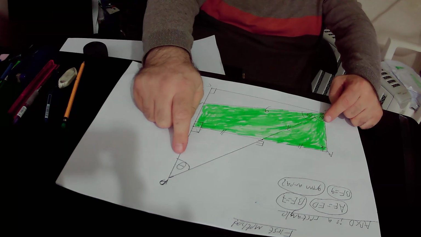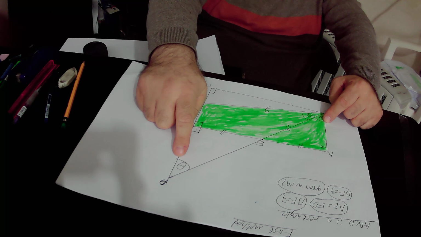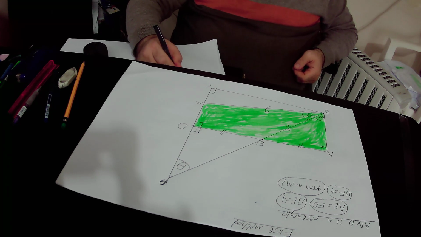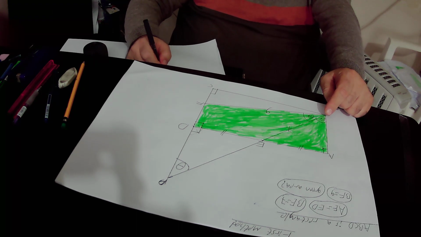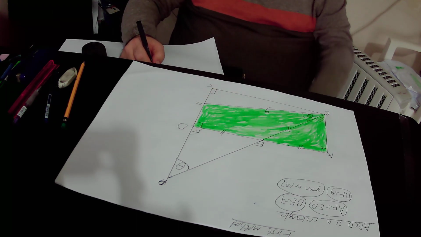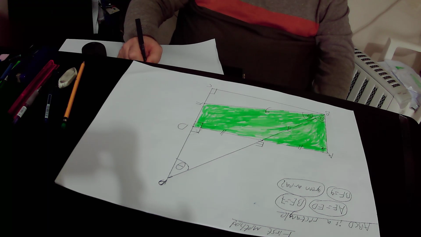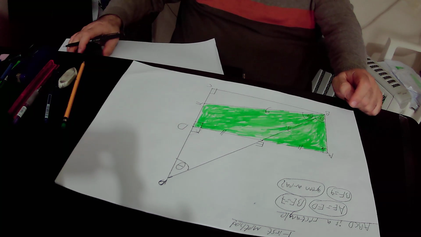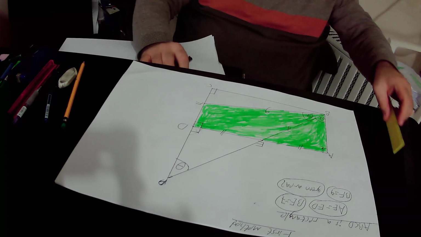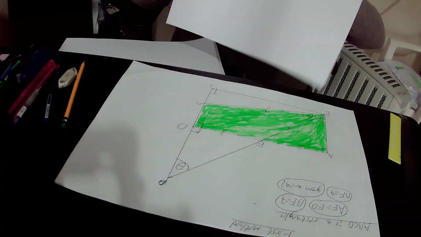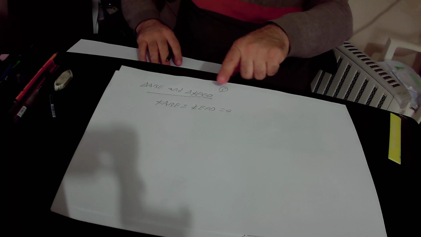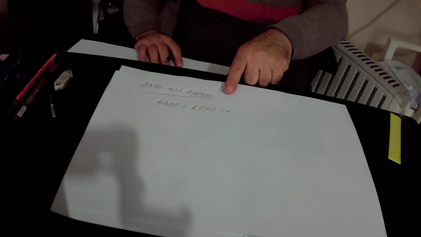First of all, we just proved that angle ABE of this green triangle is equal to angle EPD, and they are both equal to theta.